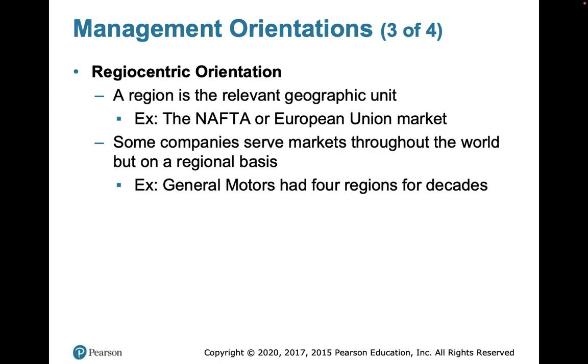It will have a factory or probably an office, but that office represents the whole region. So such companies operate with geographic units like the European Union, like ECOWAS I already mentioned, or NAFTA.